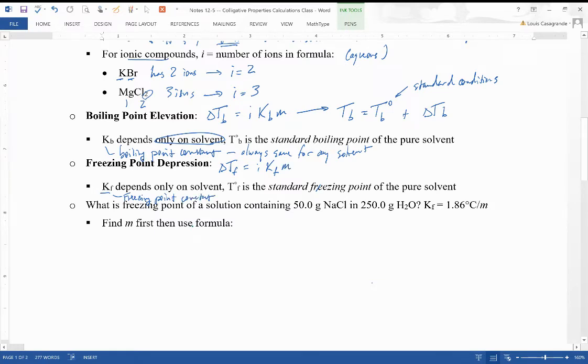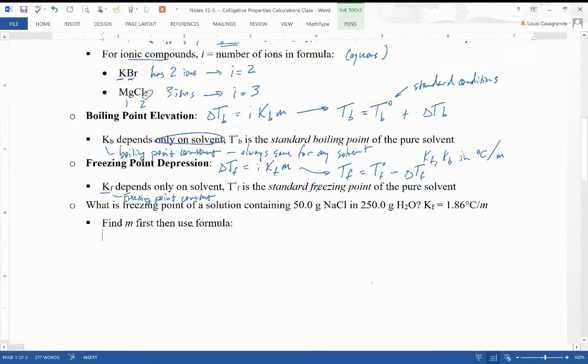Oh, by the way, the units for K_B and K_F are going to be degrees C per molal, because we're multiplying by the molality. And as before, the freezing point is equal to the standard freezing point minus delta T_F. We're subtracting because the freezing point is going down.